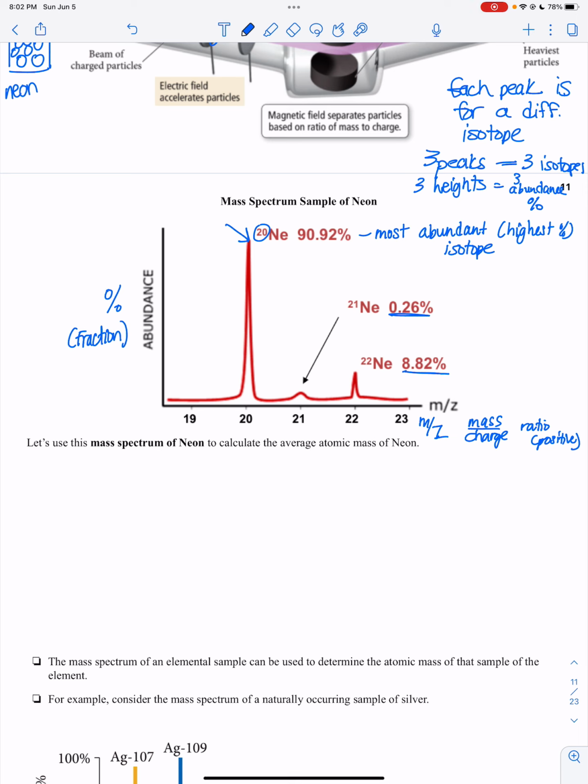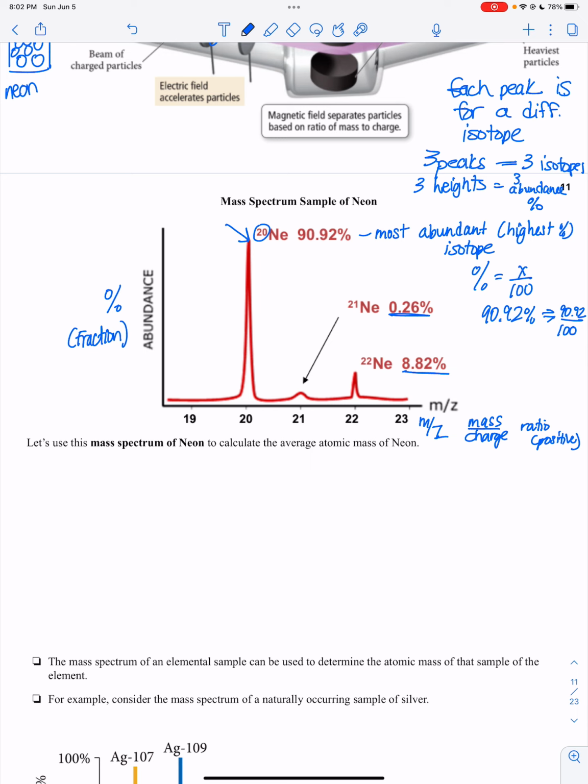And so what this percentage really means, remember, percentages are a number over 100. So 90.92% is really 90.92 over 100. That is, if I have 100 particles, 90.92 of them are going to have a mass of 20.